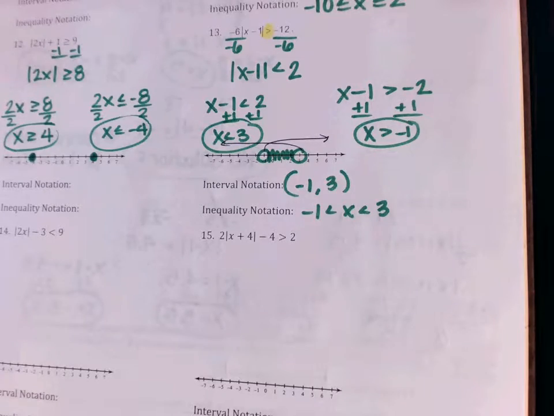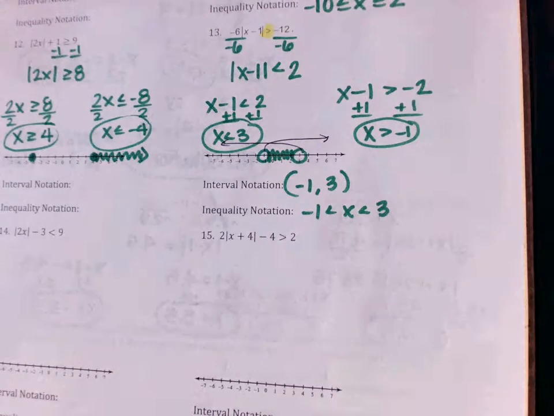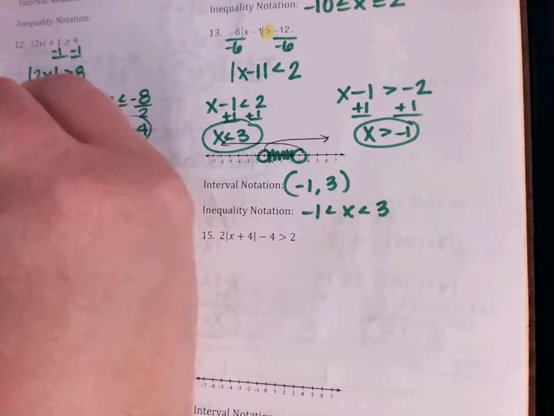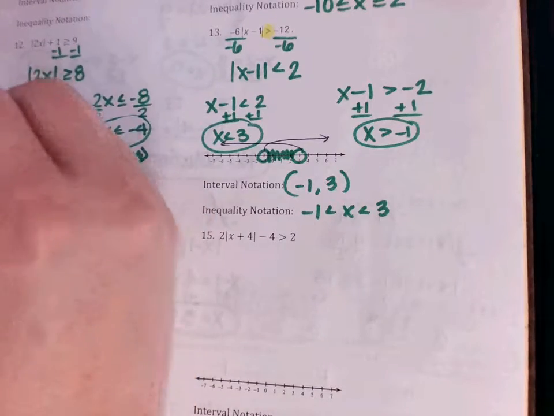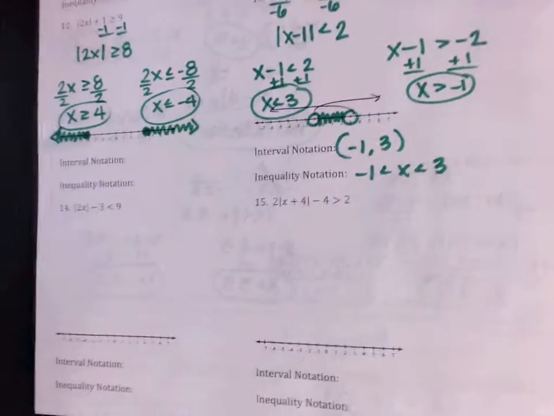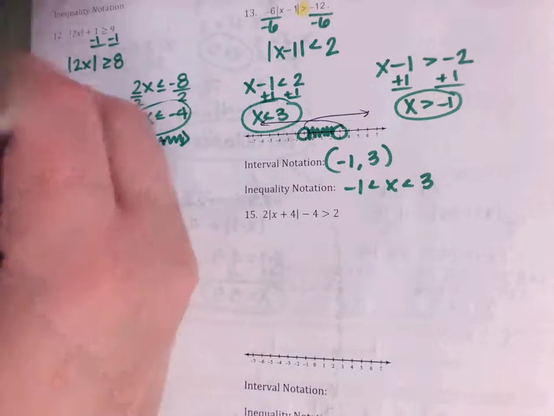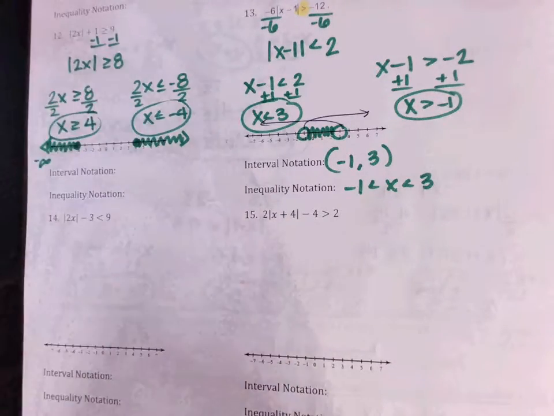Okay, my positive 4 is a greater than, so you should be going that way, and my negative 4 has a less than, so you should be going that way. So rather than a conjunction in the middle, you have a disjunction. Okay? Then from there, my interval notation, this would be from negative infinity to negative 4.